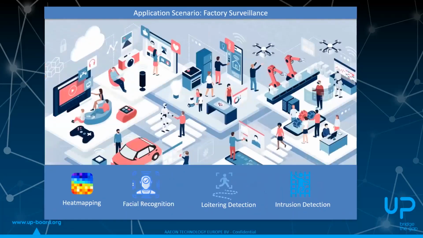So next is the application scenario within a factory. Besides the heat mapping and facial recognition I already mentioned in the previous slide, we can also add loitering and intrusion detection to alert owners when someone enters forbidden zones, so that the owner can take appropriate action to avoid property loss.